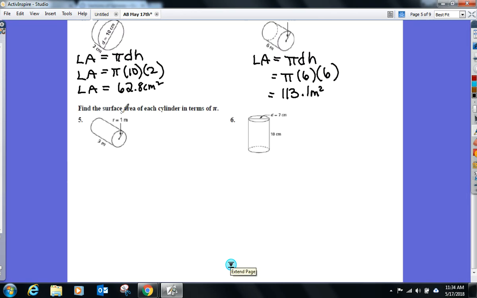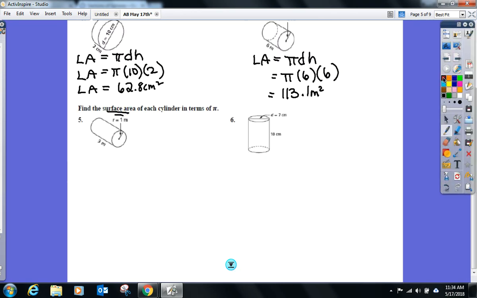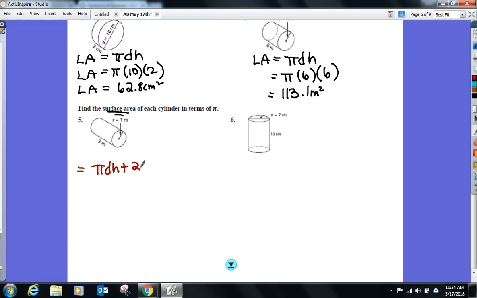Surface area now. Surface area. Pi dh plus 2 pi r squared. Diameter, 2. Height, 3, plus 2 pi r, 1 squared.